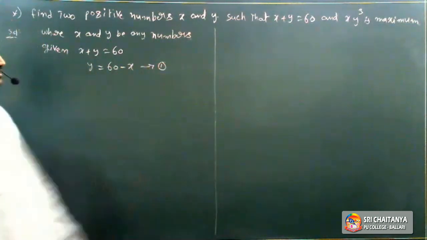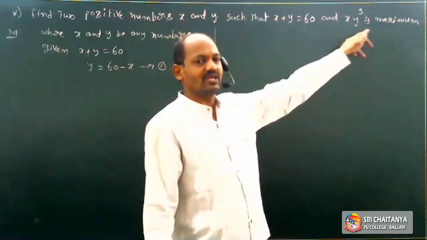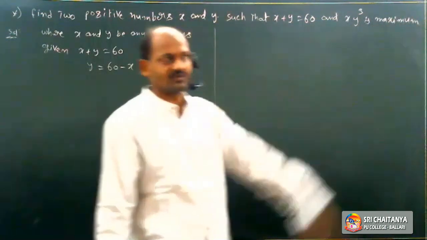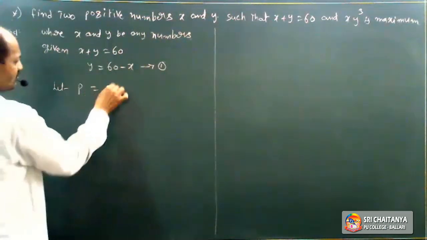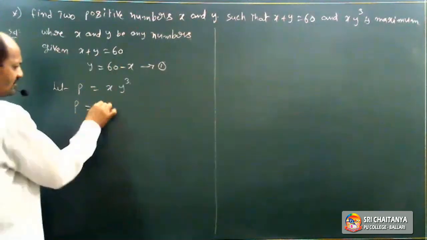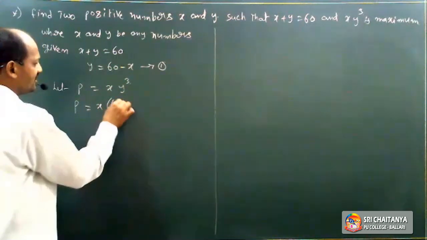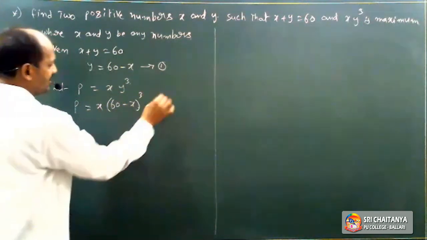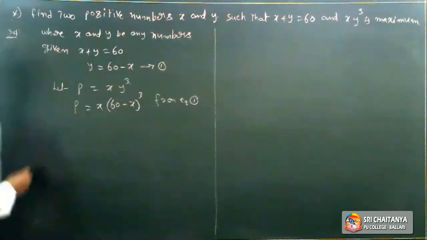It is considered equation 1. And x y cube is maximum. Let p is equal to x y cube. That means p is equal to x into y cube. What about y? 60 minus x whole cube, from equation 1.